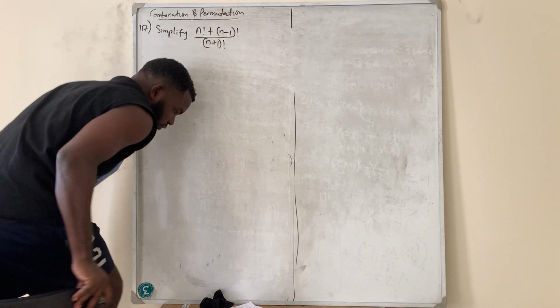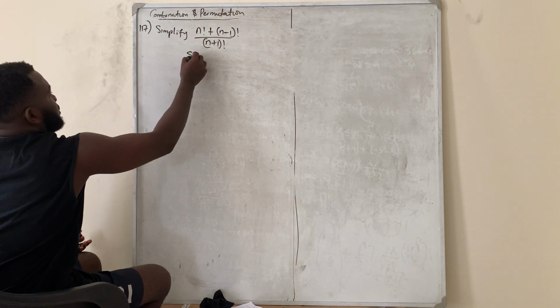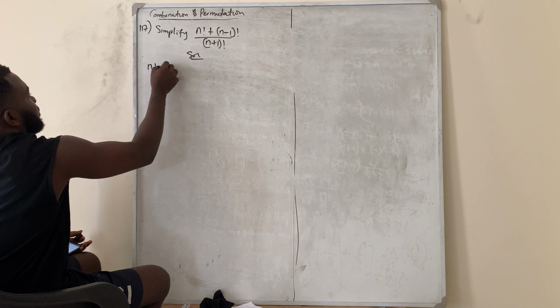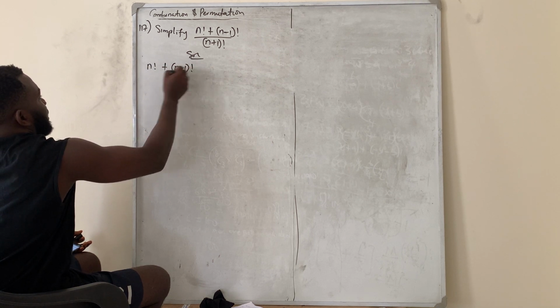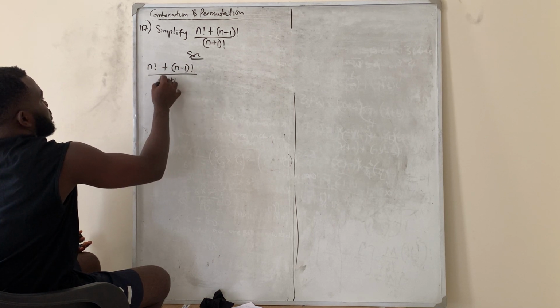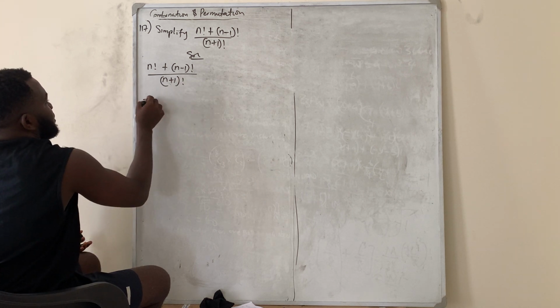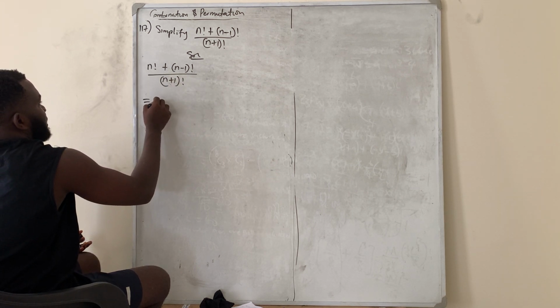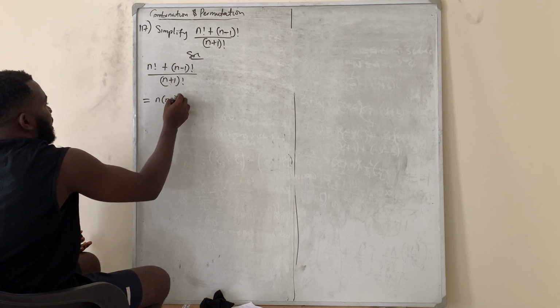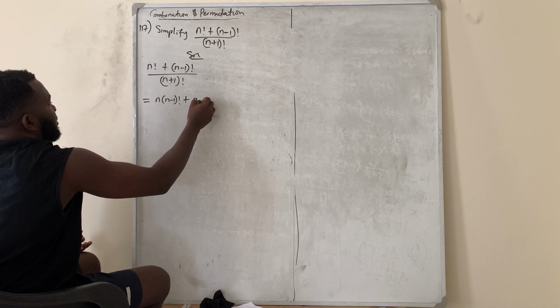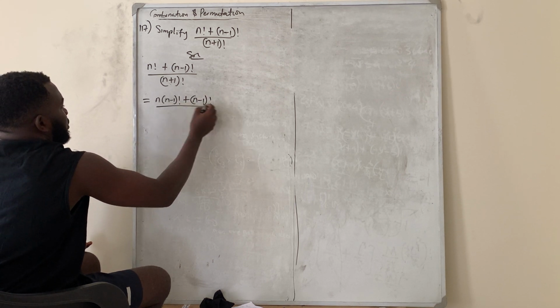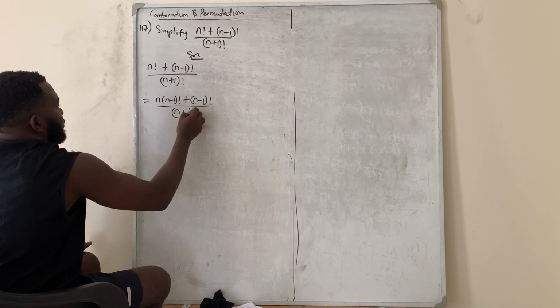If you look at the solution, this is very, very simple. We have n factorial plus n minus 1 factorial all over n plus 1 factorial. Now n factorial can be written as n into n minus 1 factorial, then plus n minus 1 factorial, then all over n plus 1 factorial.